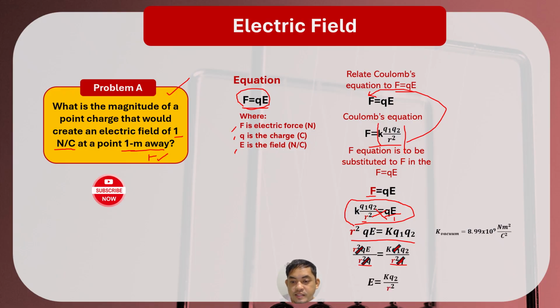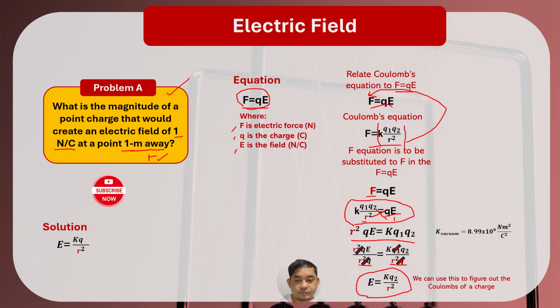So we have this derived formula to get the E field. We integrated Coulomb's equation in the F equals QE equation.